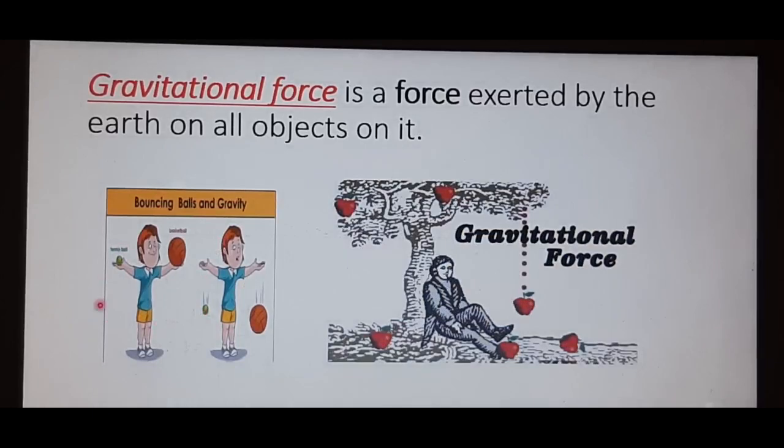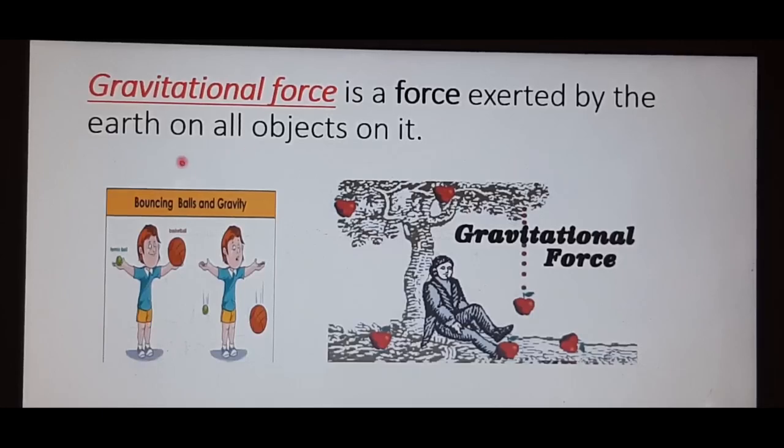If you are playing with a ball, you can see the ball after some time will fall down. Fruits and leaves from trees also fall down on the ground. If you are walking, it's a very common example, you are not floating in air. You are able to put your feet on the ground in every step. So this is again due to the force of gravity.